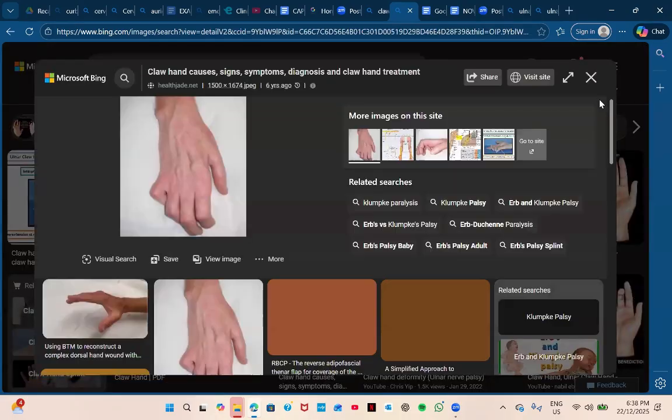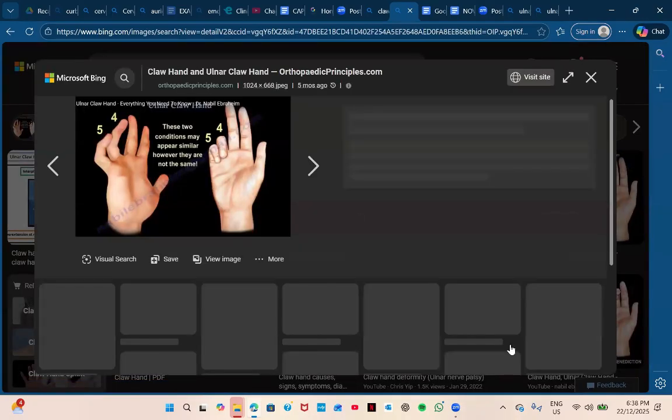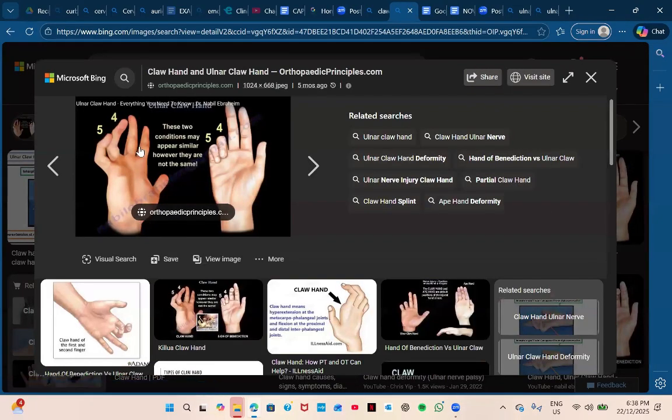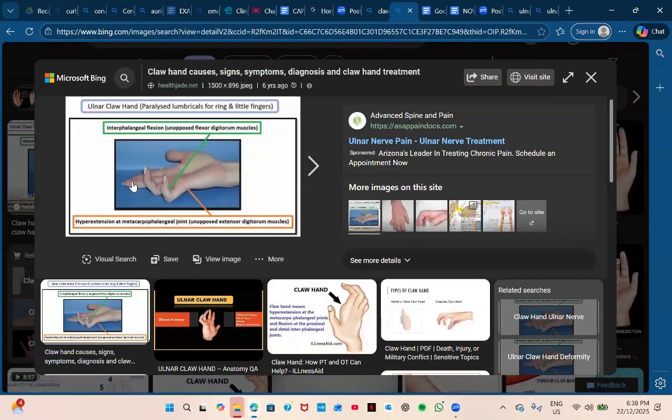This is the claw hand, the ulnar claw hand. You have to remember, okay? Please remember these pictures and how it appears, because usually in the exam they can ask.